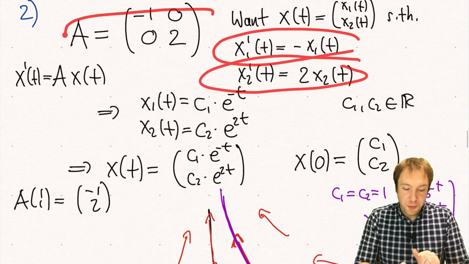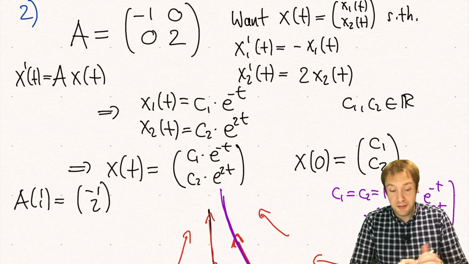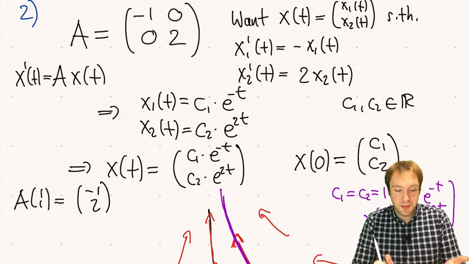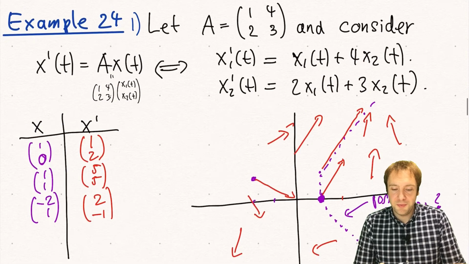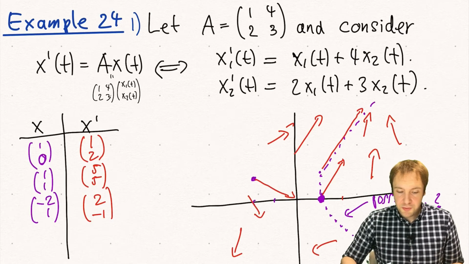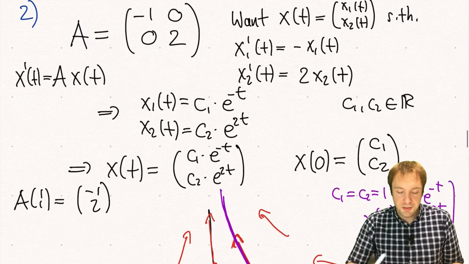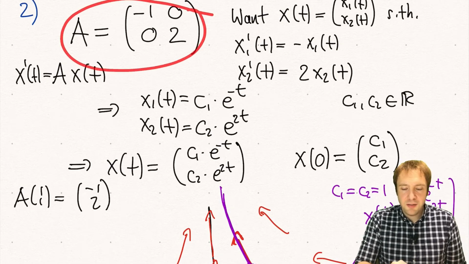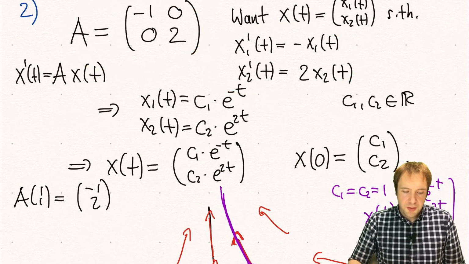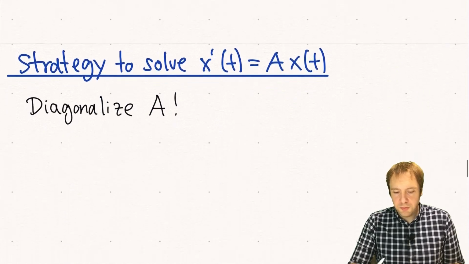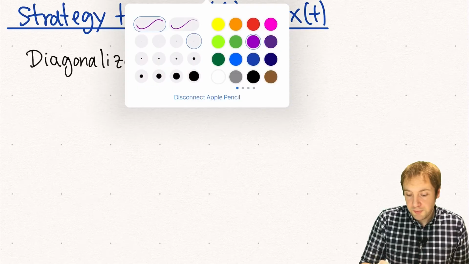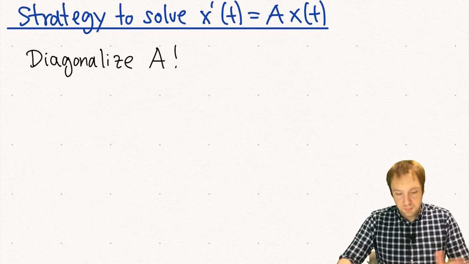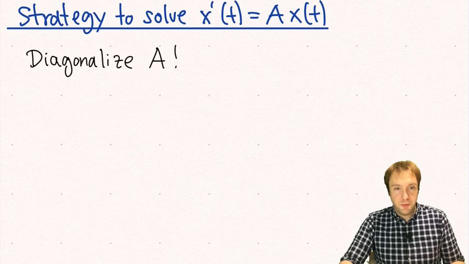But we learned in the last lectures that there's a relationship between arbitrary matrices and diagonal matrices, or more precisely, some matrices can be diagonalized. This is also the general strategy here. We know that for a diagonal matrix, this problem is easy to solve, so the strategy is to diagonalize A. We know this is not always possible, but we will start with the case where it is.